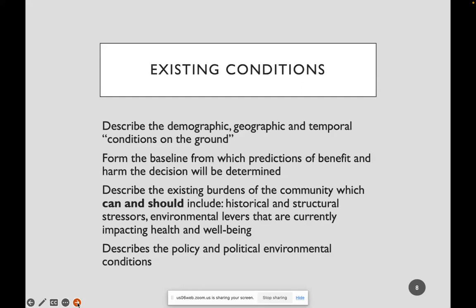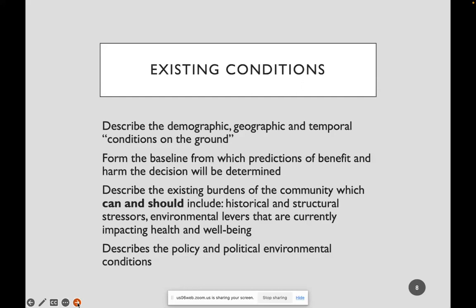And there are a number of really great tools. Many states now have an environmental justice mapping capability. I know that New Jersey and Minnesota and California have their own, but you can also use national tools to define these communities.